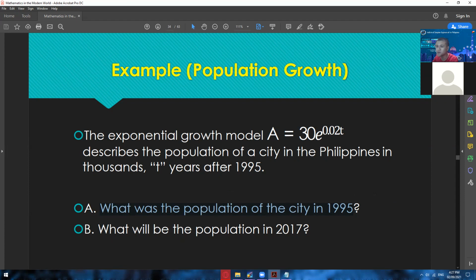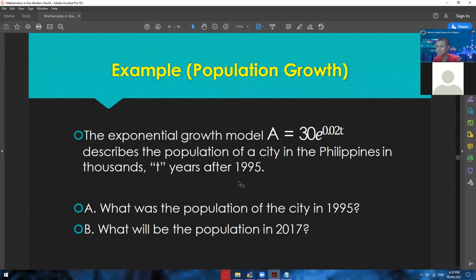Okay, so in here, this one started at year 1995, and here it's asking us what was the population of the city in 1995. So I think it's very obvious. So anyone who would like to answer letter A? What is the correct answer in letter A? Still 30,000, sir.